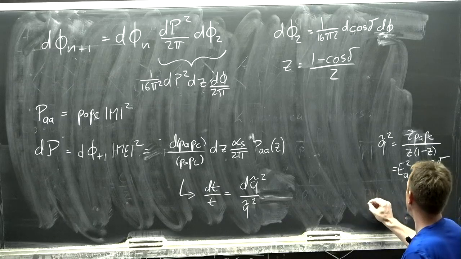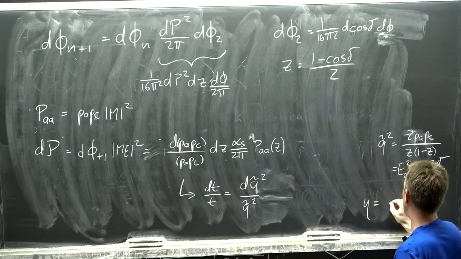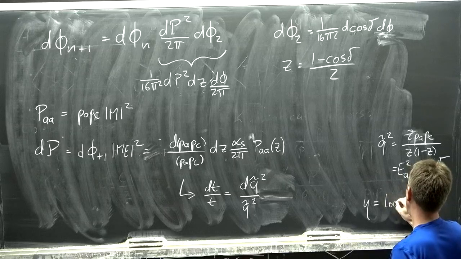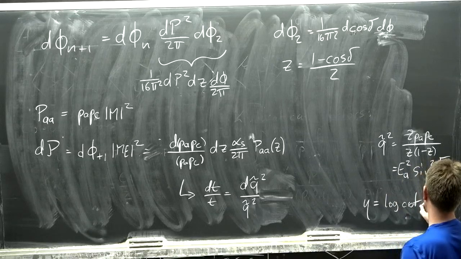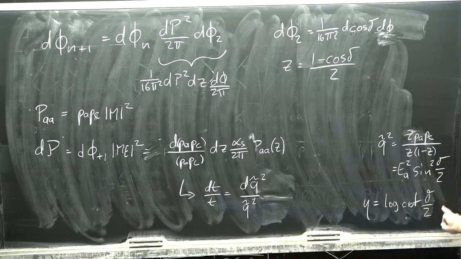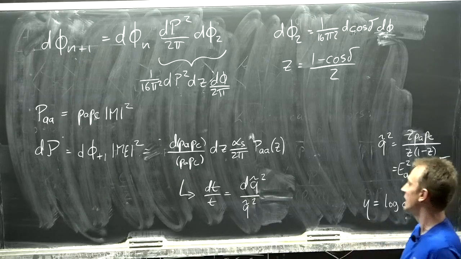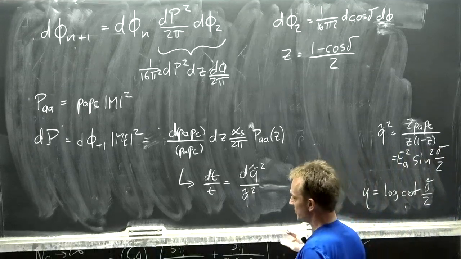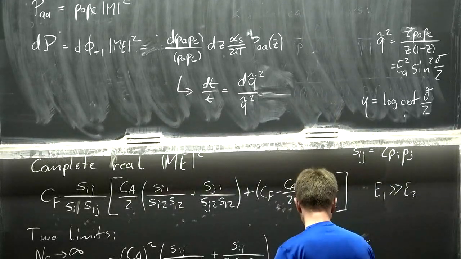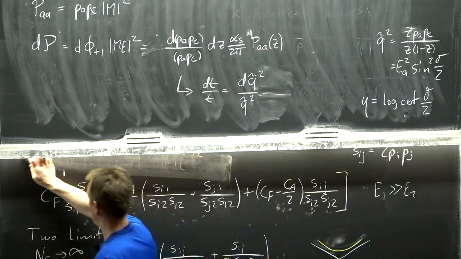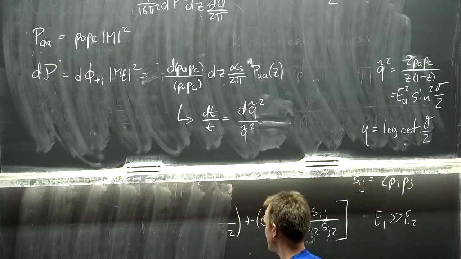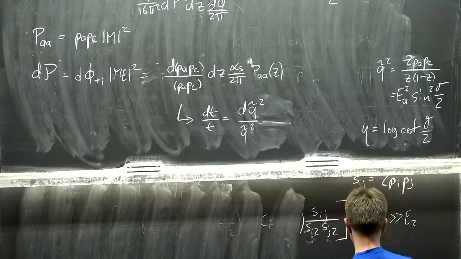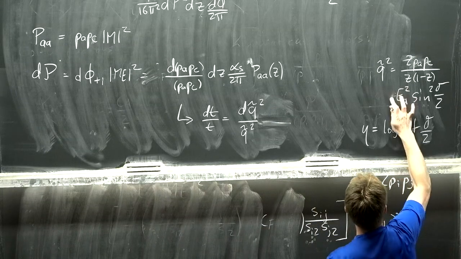And since I know that eta is log cotangent theta over 2, I can relate these two, and this is essentially, if I draw this in the Lund plane, an evolution in rapidity, although not quite, because this relation here only works approximately, okay?